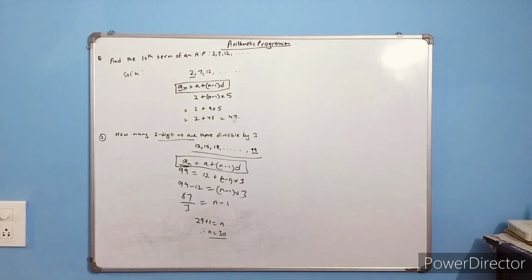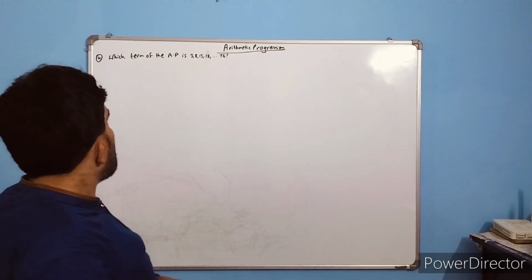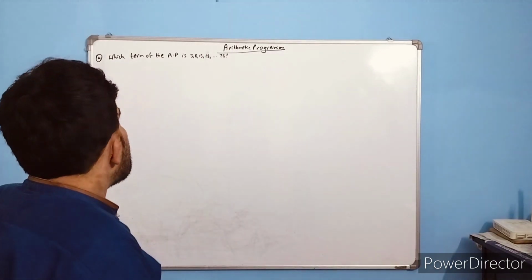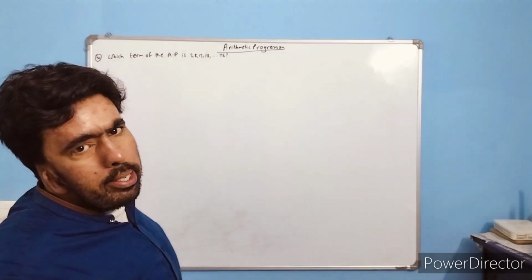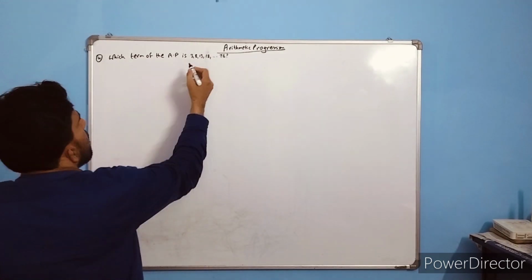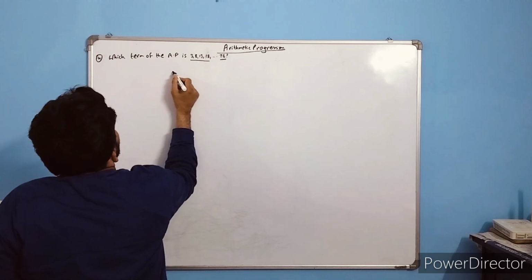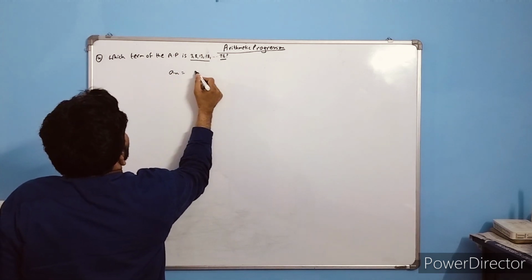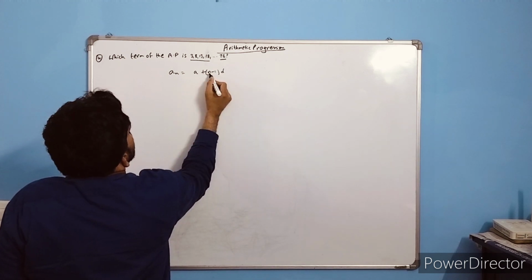Now we have one more question regarding this. Which term of the AP 3, 8, 13, 18, ... is 78? Which term of the AP is 78? So we need to use an is equal to a plus n minus 1 into d, and find n here.